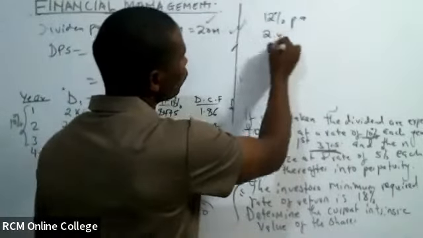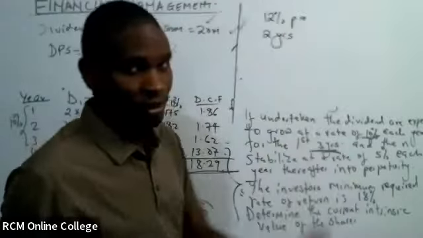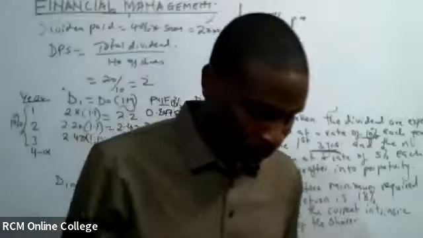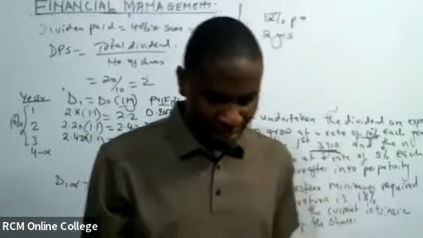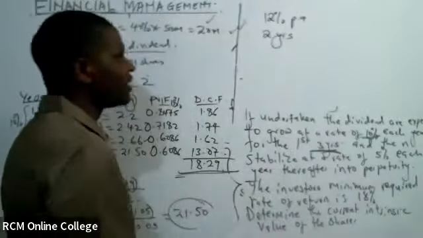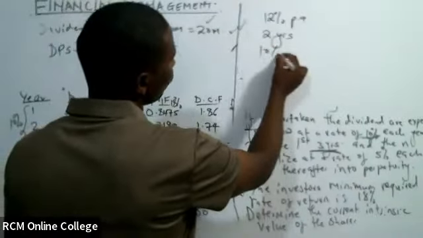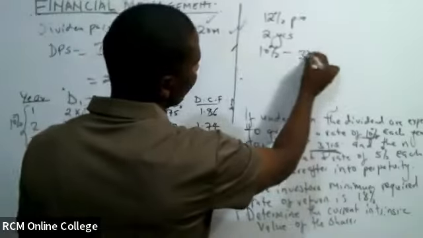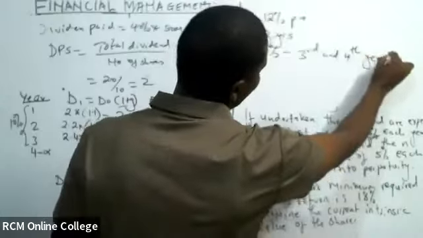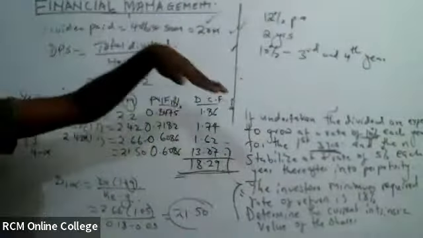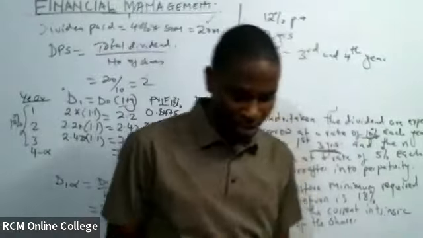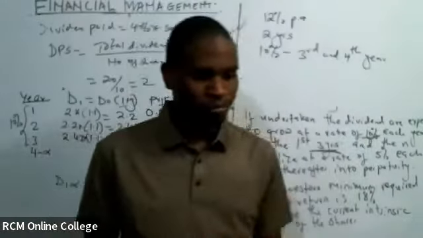Full stop. The growth rate is likely to fall to 10% for the third and the fourth year. Full stop.